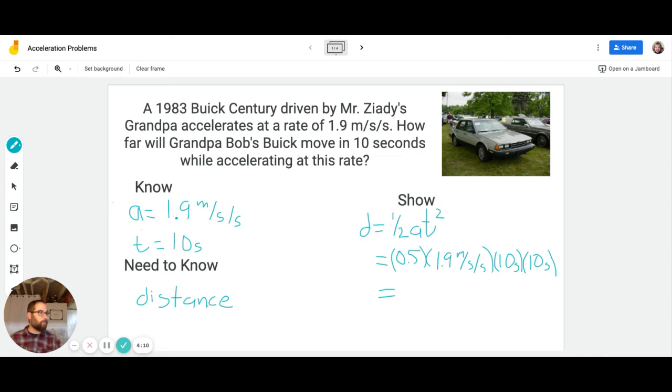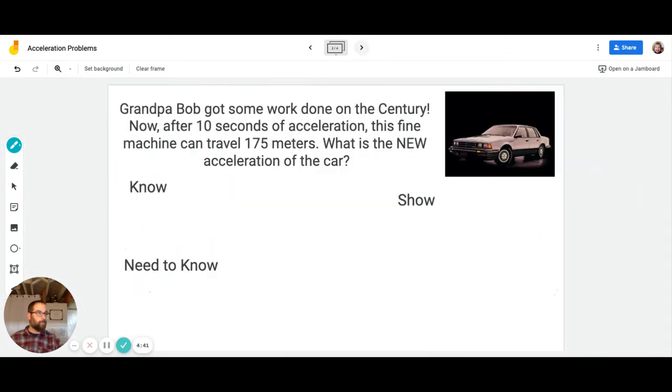So 0.5 times 1.9 times 10 times 10 gives me 95 meters. That, my scientist friends, is our answer. Okay? The Buick Century can go 95 meters in 10 seconds if it's accelerating at a rate of 1.9 meters per second per second.